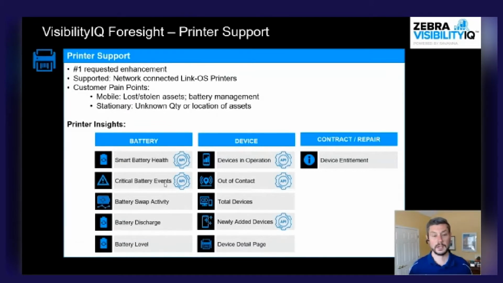So that comprises the vast majority of devices out there. I believe that there are some QLN devices that have the opportunity to have a firmware version below that, but they can be upgraded so that we have the capabilities to support all those network connected LinkOS printers.